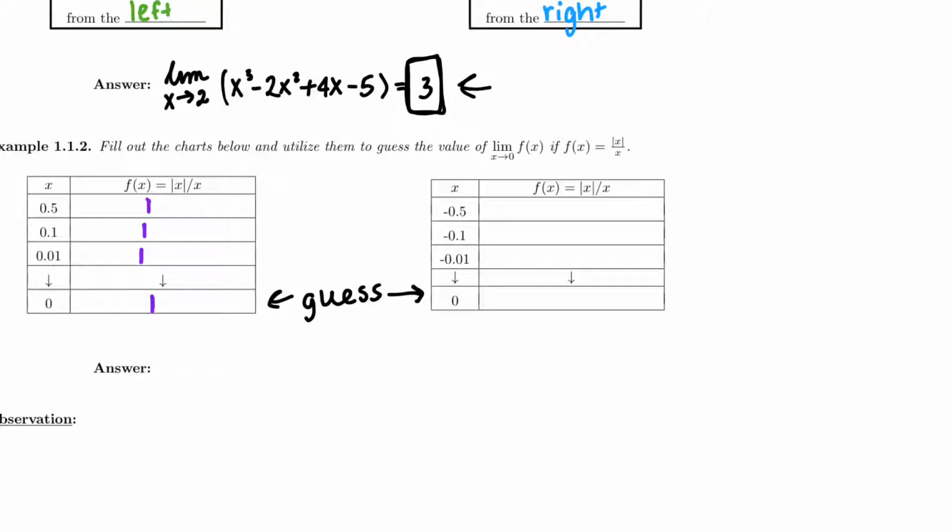Same thing over here. So if I do the absolute value of negative 0.5 over negative 0.5, the absolute value of negative 0.5 is positive 0.5. This is just going to give me negative 1.